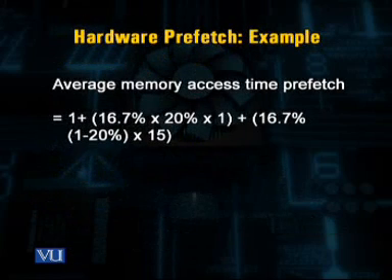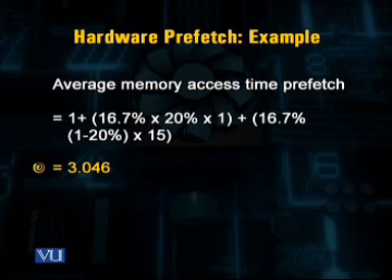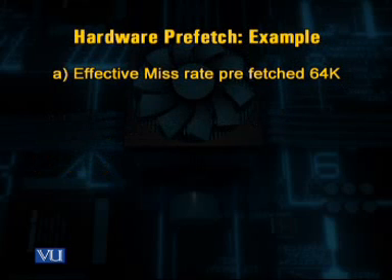Substituting the values corresponding to a hit time of 1 clock cycle and a miss penalty of 15 clock cycles, the average memory access time can be computed as 3.046.